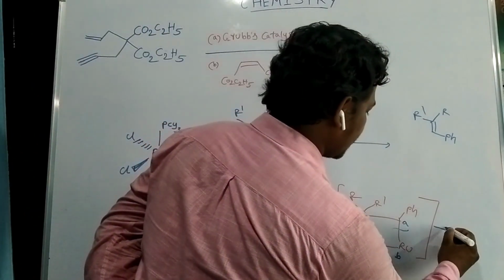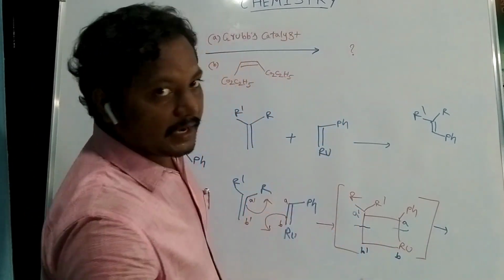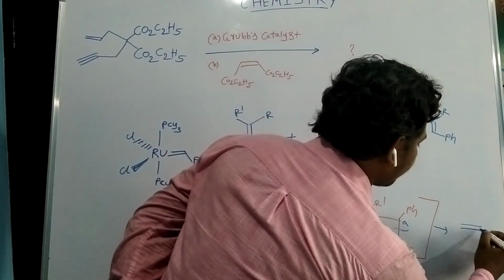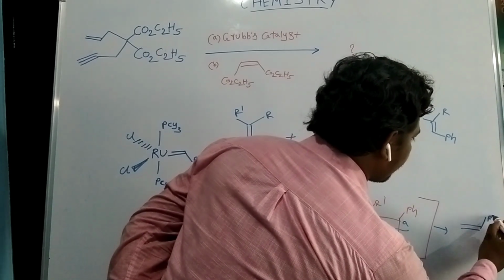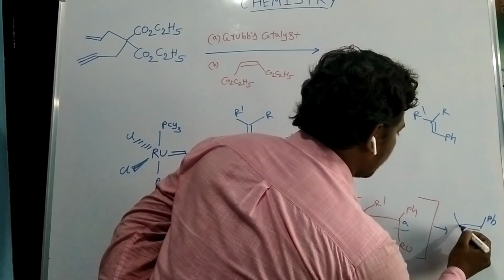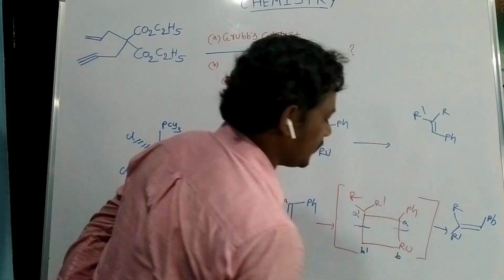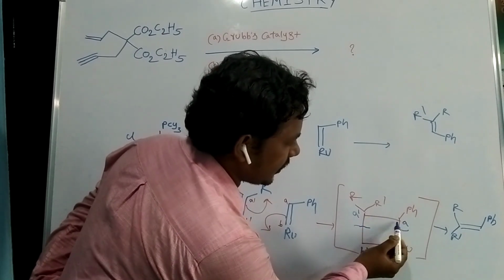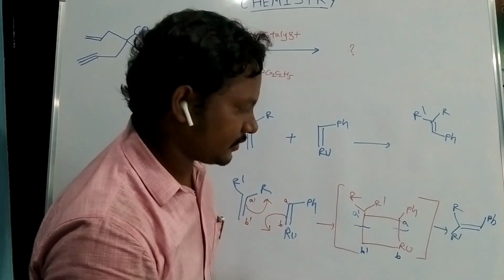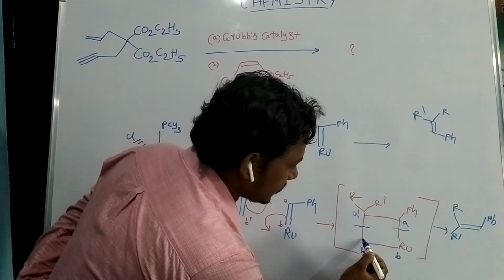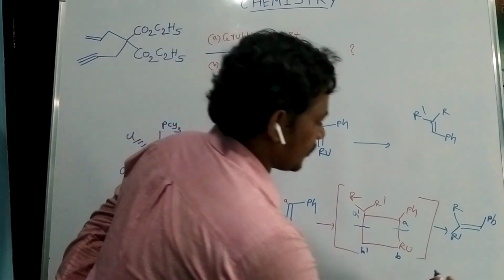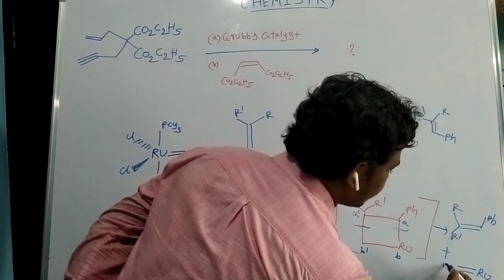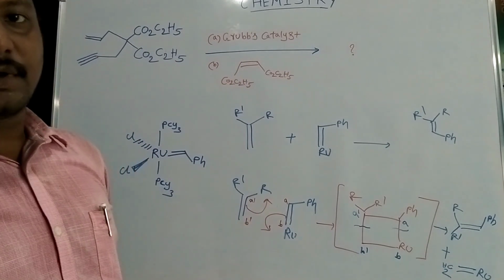That means again a new bond is forming in between A and A dash, and in between B and B dash. Here bond breaking means one electron, and bond making means another electron, a new bond formation. This gives ruthenium, here CH2.